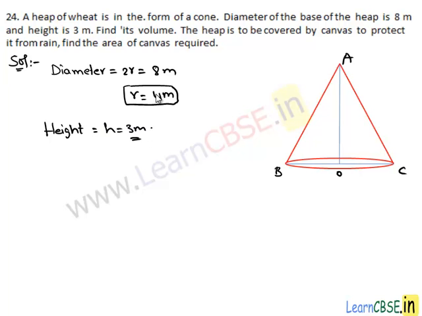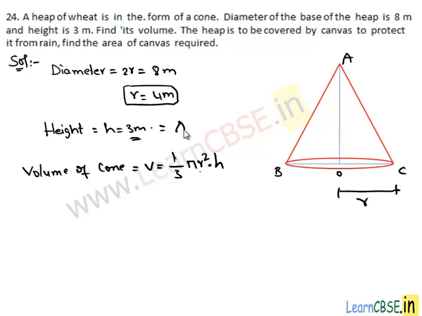And we are asked to find the volume and surface area. We know that the volume of a cone is 1/3 pi r square h, where r is the radius of the base circle and h is the height of the cone, that is AO, and we are given AO is 3 meters. So let's substitute their values.